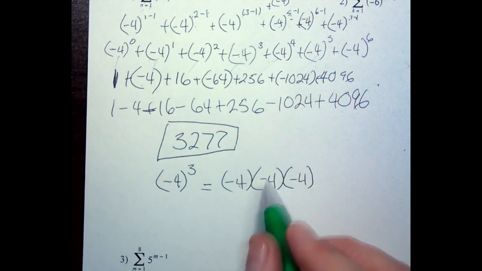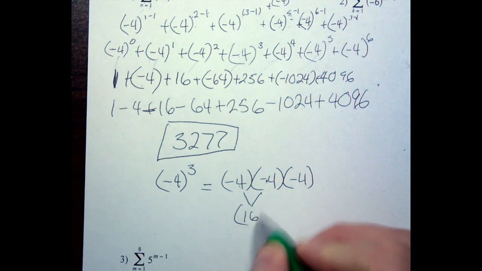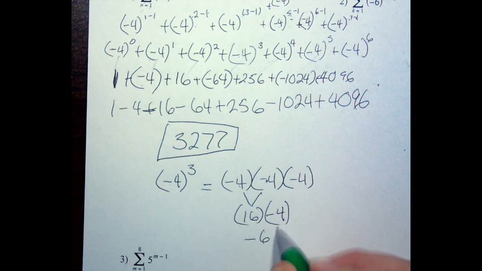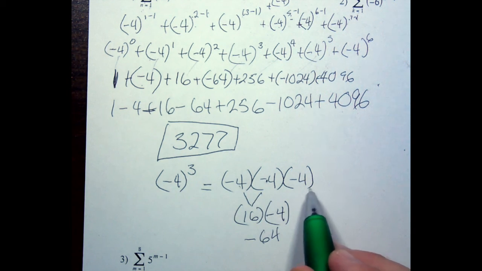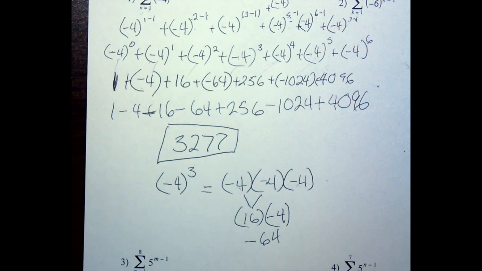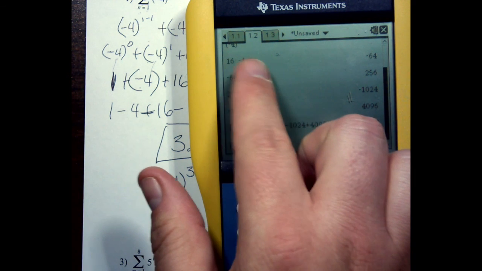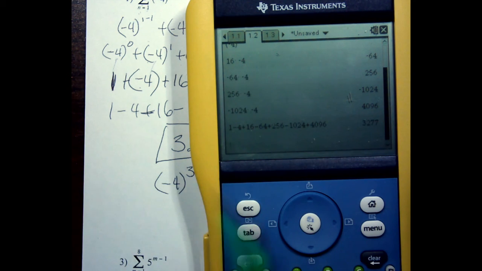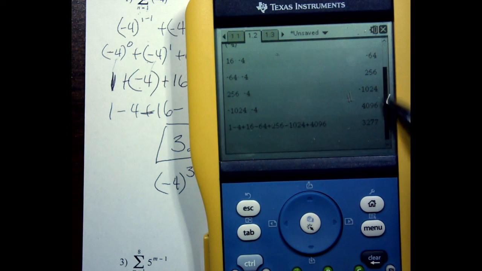Negative 4 times negative 4 is 16, and 16 times negative 4 is negative 64. Each time I increased the power, I was just multiplying by negative 4 another time. That's why I could go 16 times negative 4, 64 times negative 4. That kept giving me the next power of negative 4.